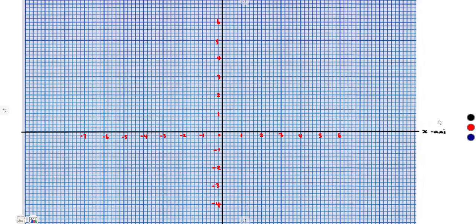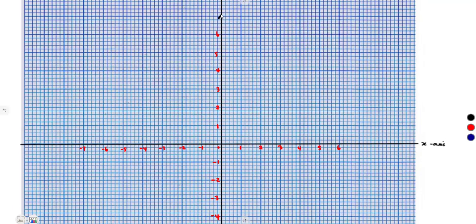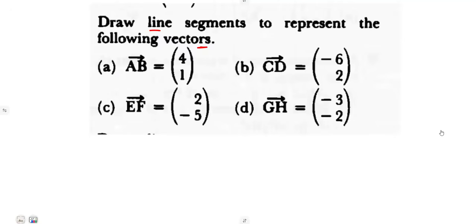So we have got our x-axis, and here this is our y-axis. All right, so I'm just going to use this one to represent the vectors that we are given here.